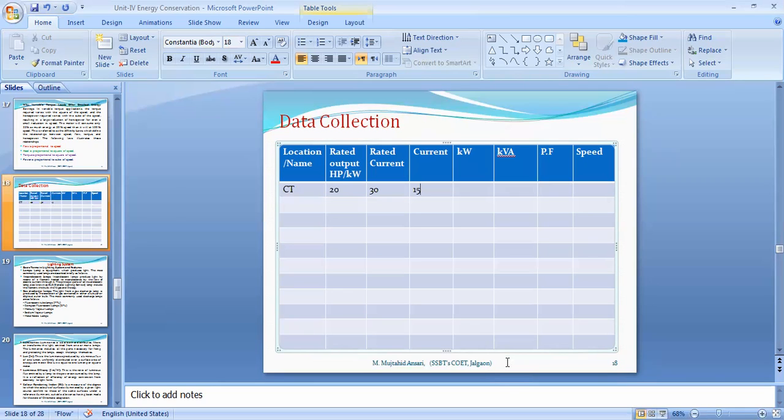What type of action is to be taken? We will write that we have to change the connection from delta to star, or we will write that it is an oversized motor, so we will replace it with the proper size. Now it should be replaced by an energy efficient motor. So by taking proper data for the different types of motors and different locations, we are able to take decisions based on the data collection.